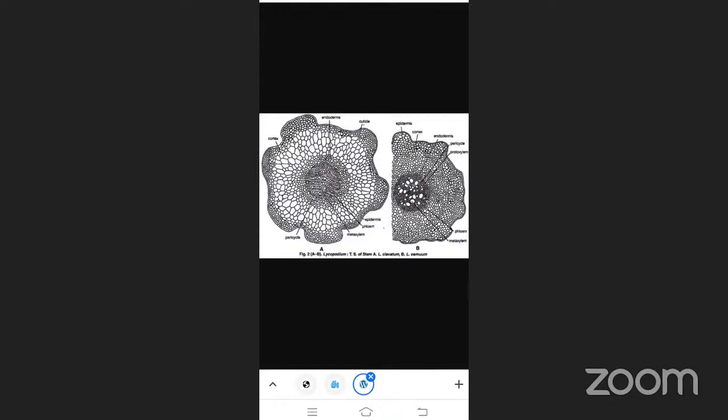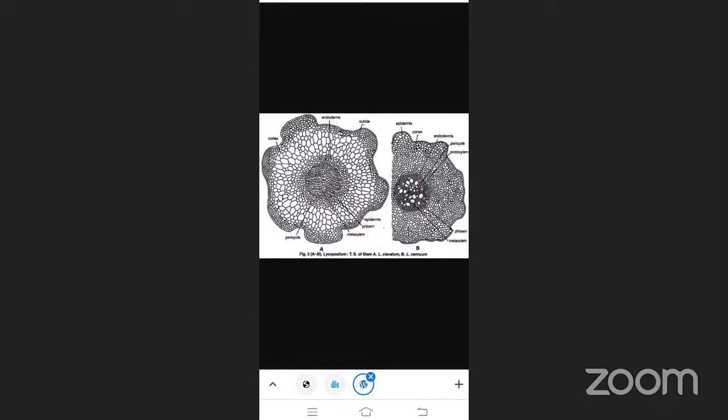The stem section, which is circular or even in outline, reveals three regions. What are the three regions? Epidermis, cortex, and stele. Any root and stem is differentiated into epidermis, cortex, and a central stele.